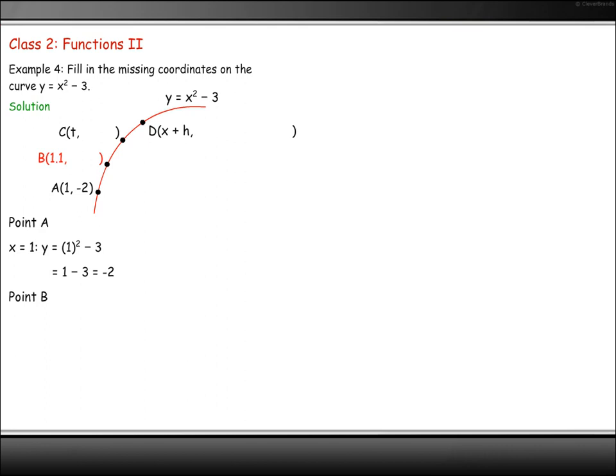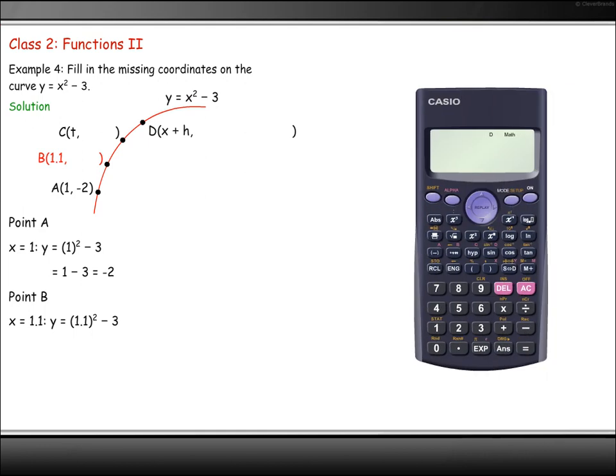Move on to point B, where x is replaced by 1.1. You can use your calculator to work out y. The point B has coordinates (1.1, minus 1.79).